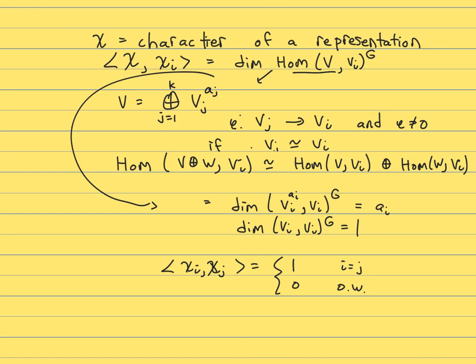You need that in order to actually be able to conclude that you have one irreducible character for every conjugacy class, and therefore that the number of irreducible representations is the number of conjugacy classes. But for now, we at least have this orthogonality relation and this famous fact about characters in general.